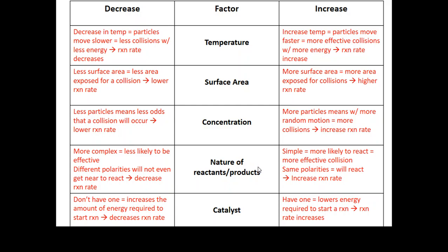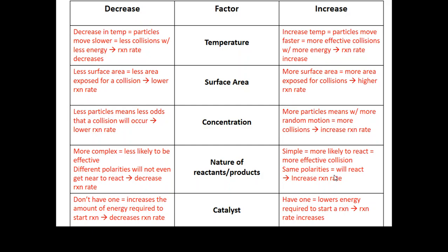Nature of reactants and products. So this is one that students kind of struggle with a little bit. But the more simple you are as a molecule, so like H2O, instead of something that's more complex like C6H12O6, the simpler you are means that you're more likely to have that correct orientation, which means that you're going to have more effective collisions. Also, same polarities, like likes like we talked about in a previous unit.